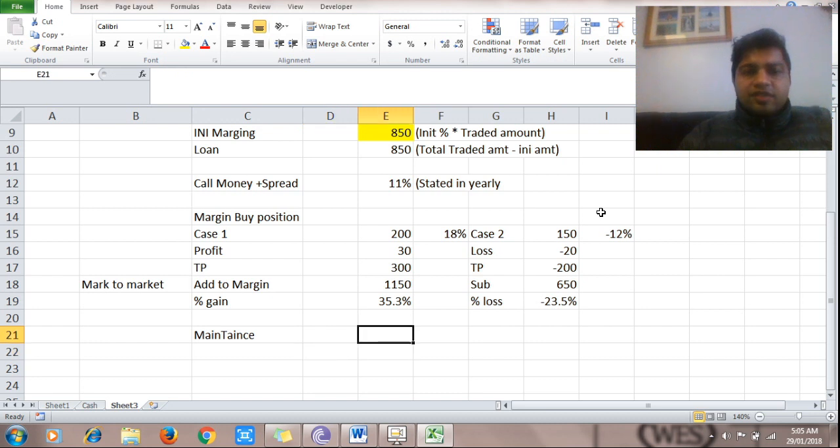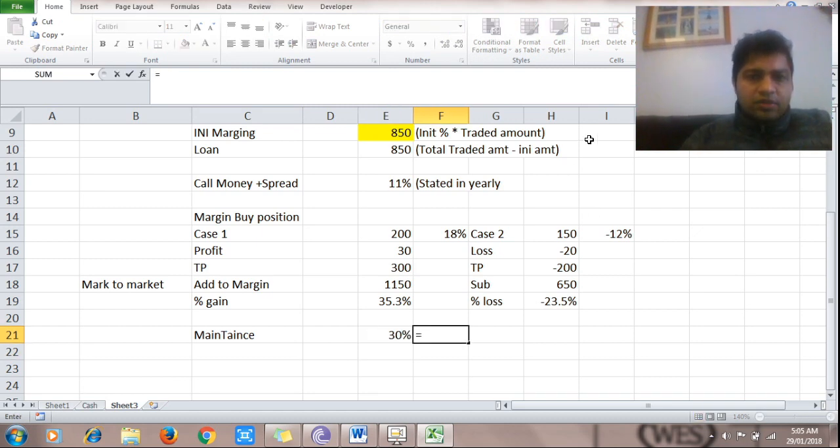What is maintenance margin? It is the level of margin you have to maintain in the account to stay in the trade. If the margin account goes below maintenance margin, you will get a margin call in which you have to either increase the margin back to the initial margin level or you have to close the trade. Okay, so assume maintenance margin is 30% in this case.